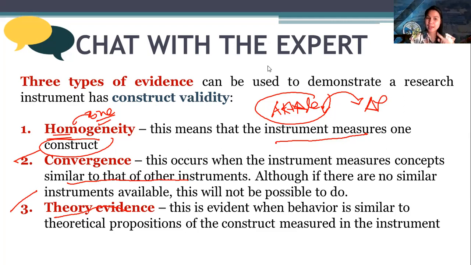So I need to rephrase my statement because understanding or defining is not enough. I need to find synonyms. So that is theory evidence. Now let's go to the next one. That is for construct validity.